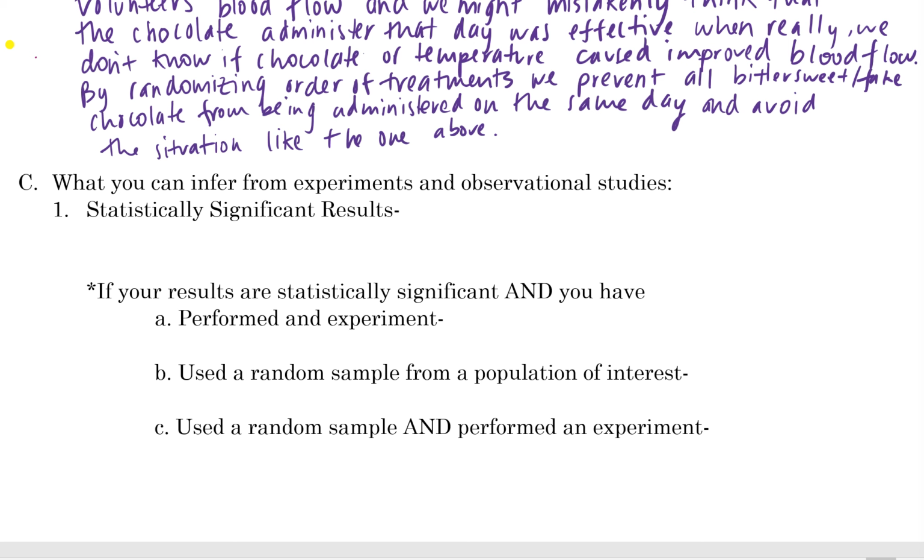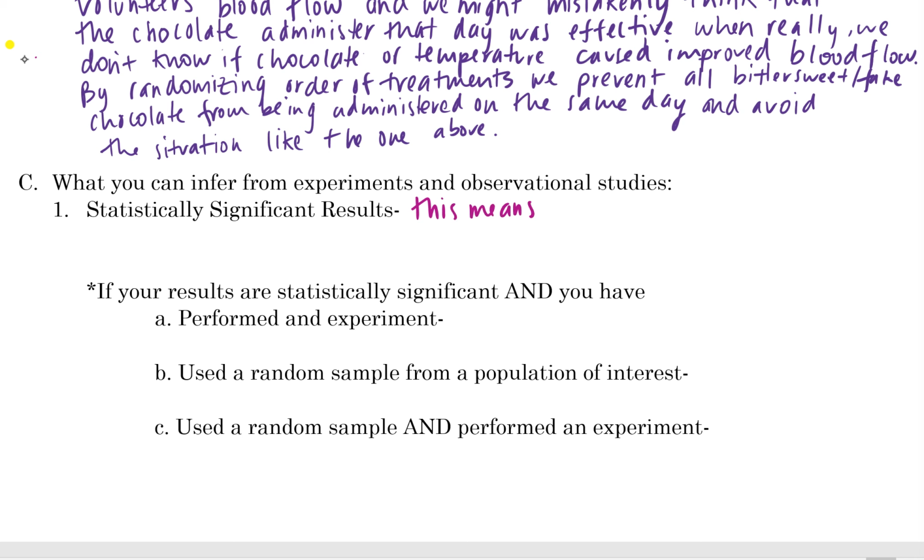So first of all, statistically significant results. We're going to spend the whole second semester when I'm back talking about statistically significant and what that actually means in way more detail than you've ever wanted to know. But for now, what you need to know is this. If you have an experiment or a study with statistically significant results, this means that your results were so extreme they could not have happened by chance, or they probably did not happen by chance. So let's write that.